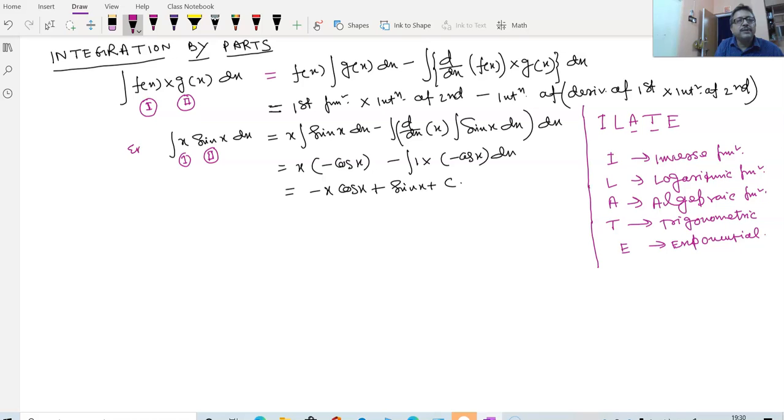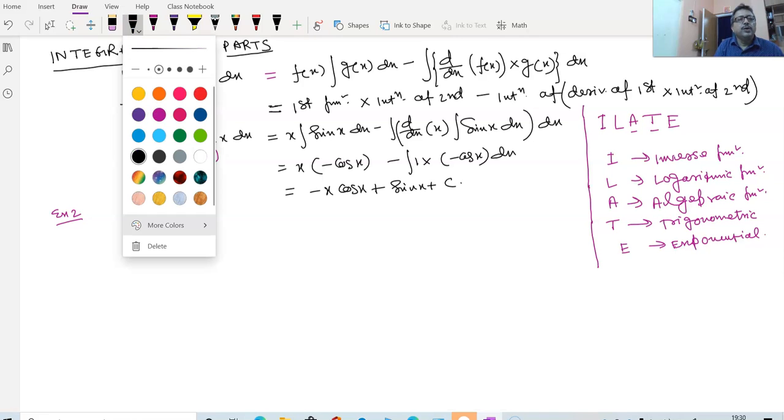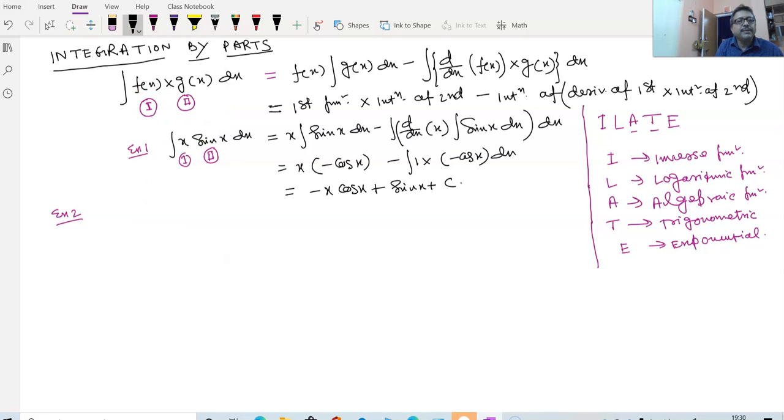This is our example 1. Now consider example 2. You might have a question like this, where there is a function like only log x, then we cannot integrate by substitution.